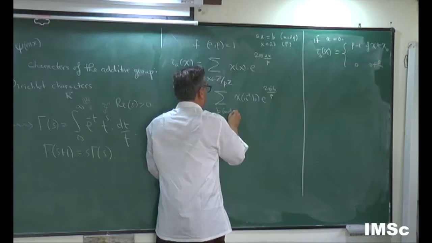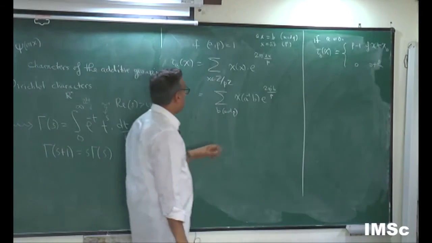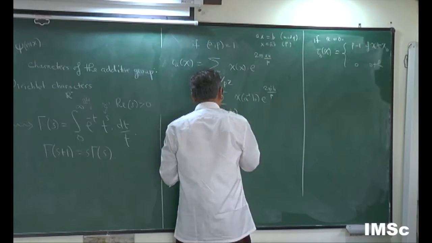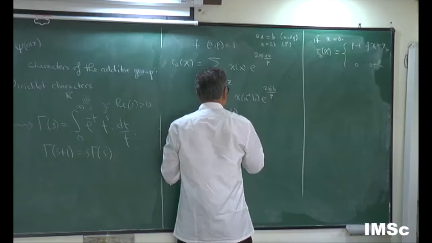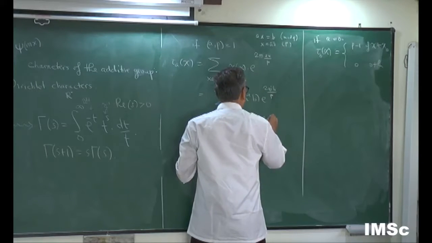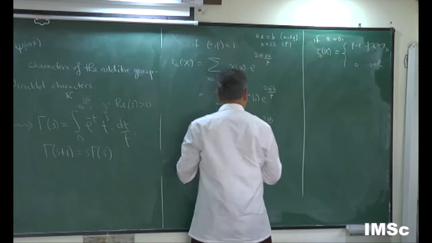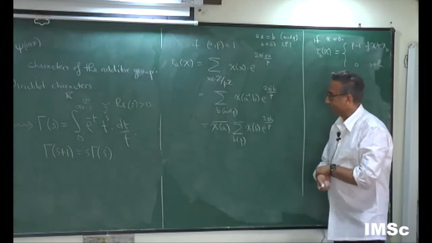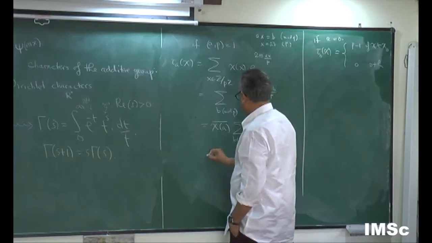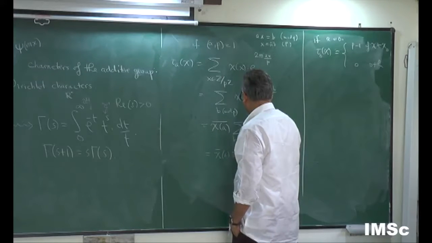Now chi is a multiplicative homomorphism, so chi of a inverse is chi bar of a. So this is just chi bar of a times chi of b e^(2 pi i b over p). Fair enough? In other words, tau sub a of chi is the same as chi bar of a times tau sub 1 of chi.